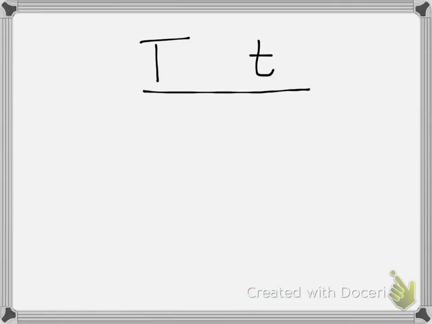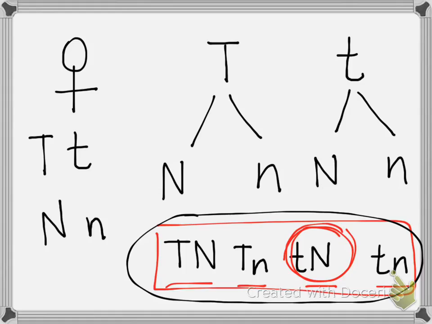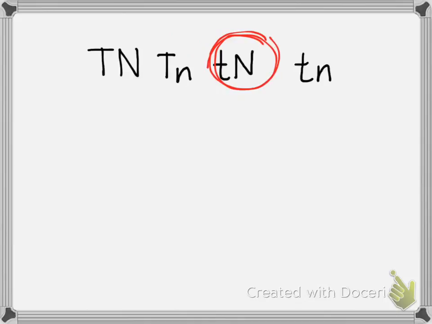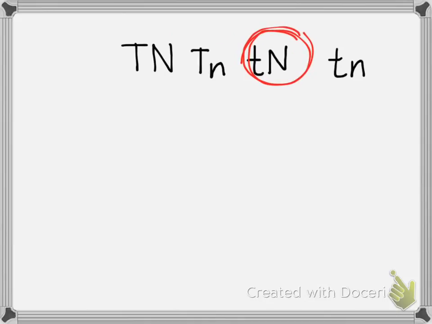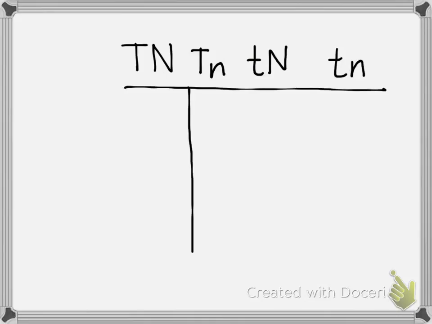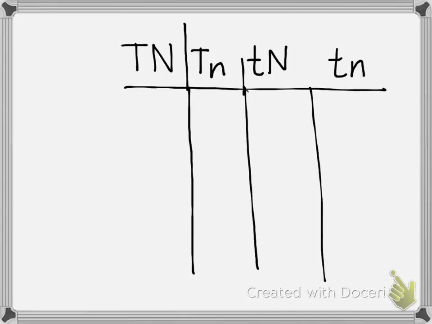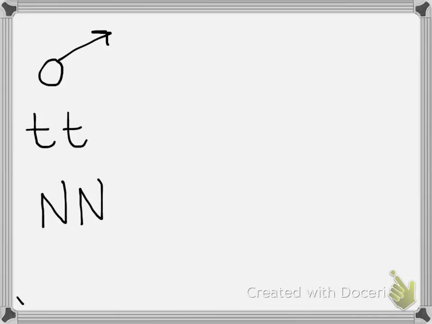So the top is now going to look like this. Okay, so across the top we have this. Okay, well, what about Dad's contribution? Dad's going to be a little bit easier.